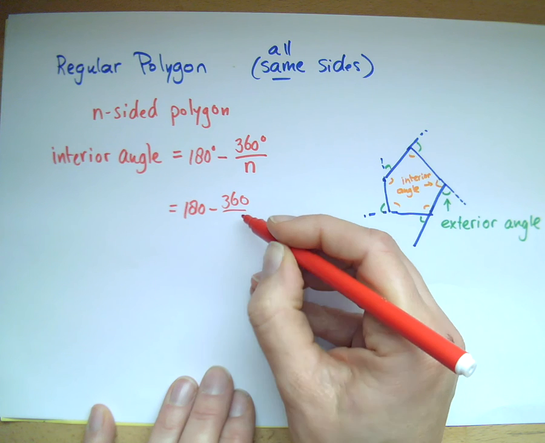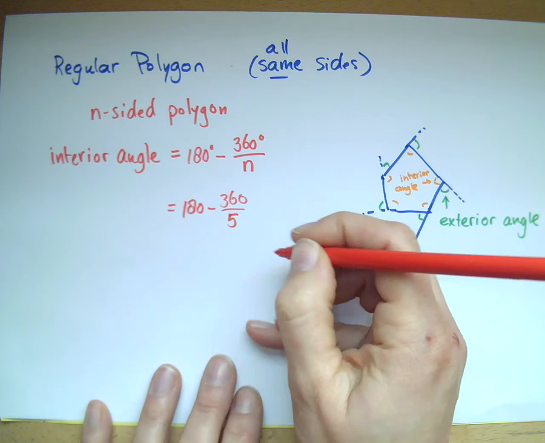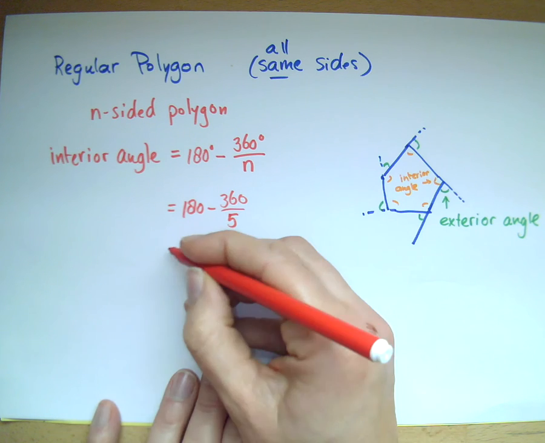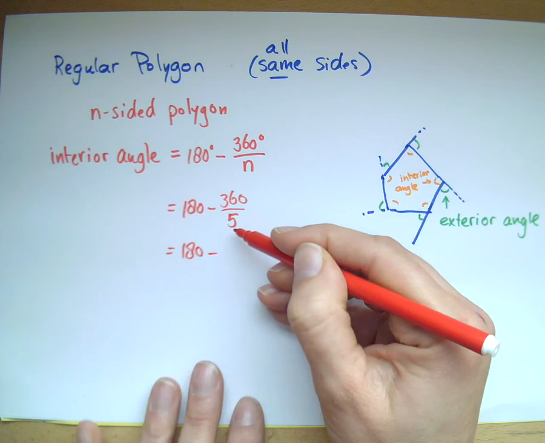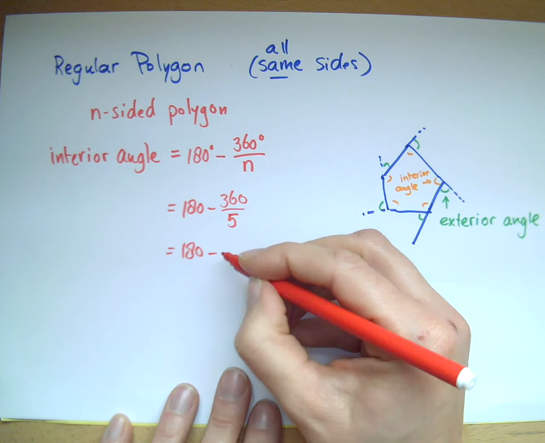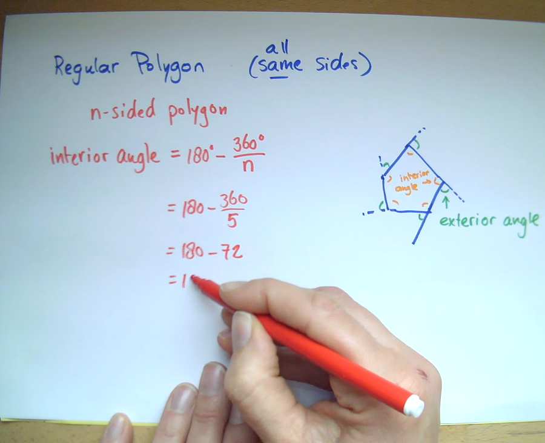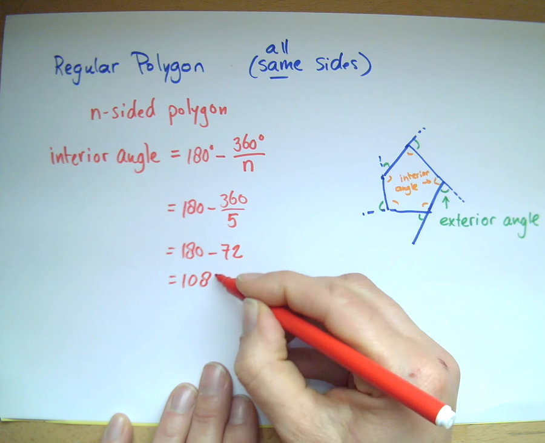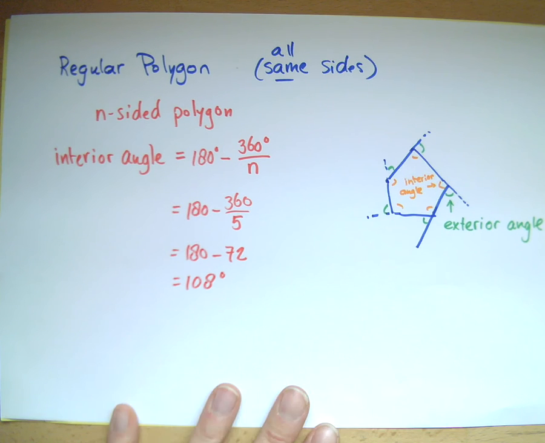I'm doing this backwards. I shouldn't be doing this like this. I don't have time to fix it. Ooh, that's 60 plus 12, 72. And that would equal 108 degrees. So these inside angles are each 108 degrees.